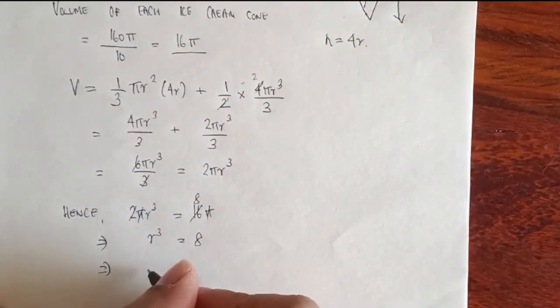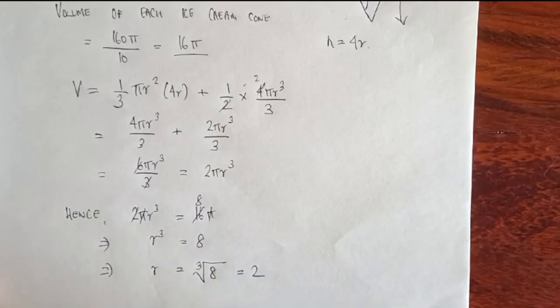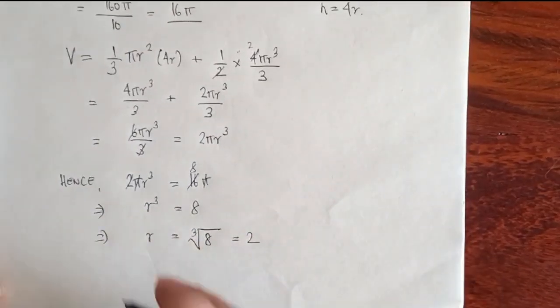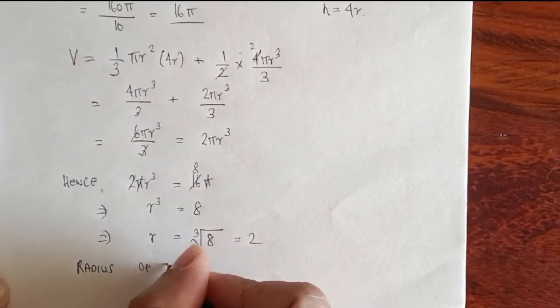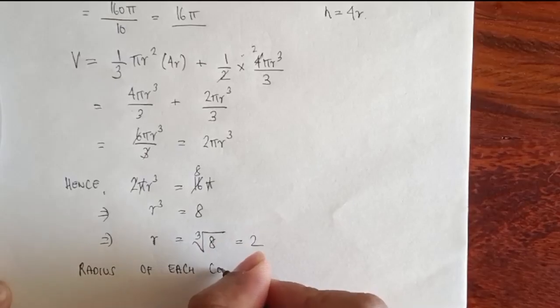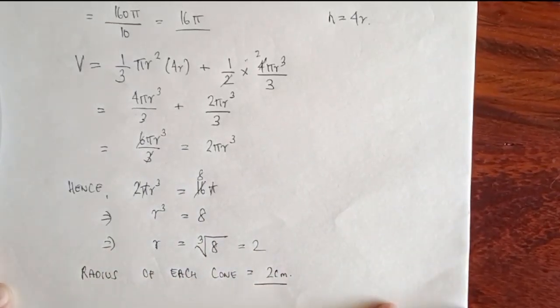So r is nothing but cube root of 8, which is equal to 2. So the radius of each cone is equal to 2 centimeters, right?